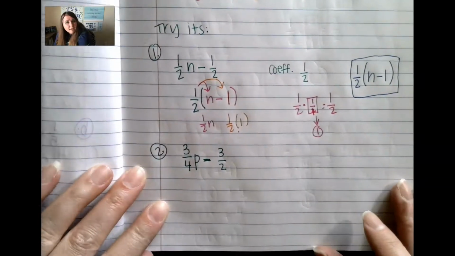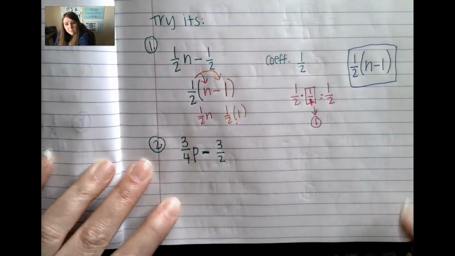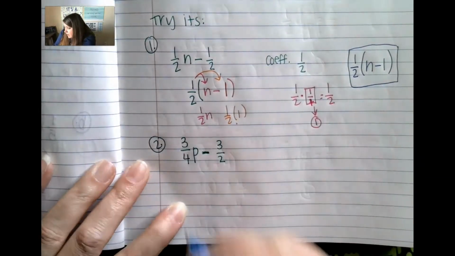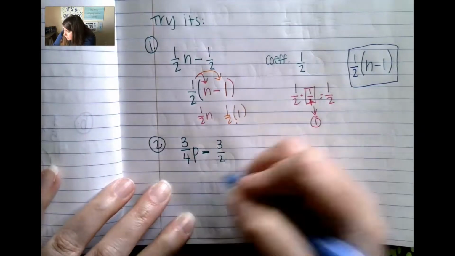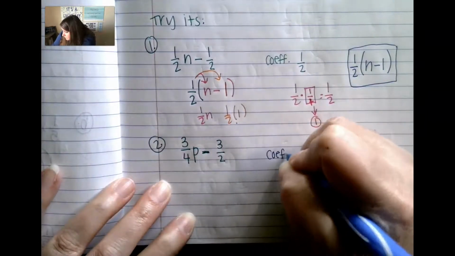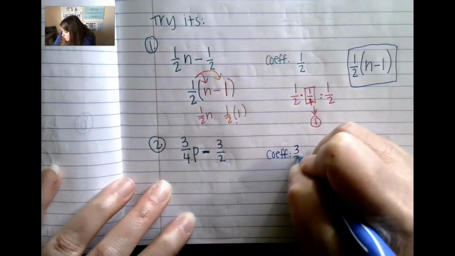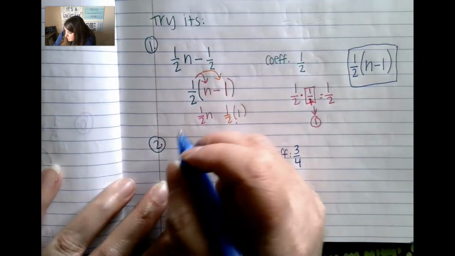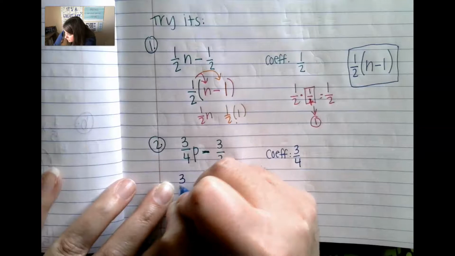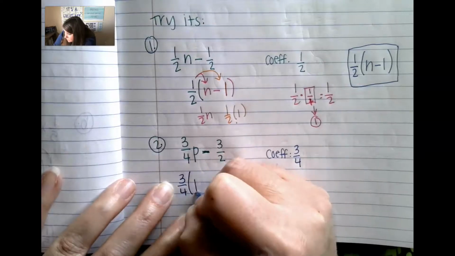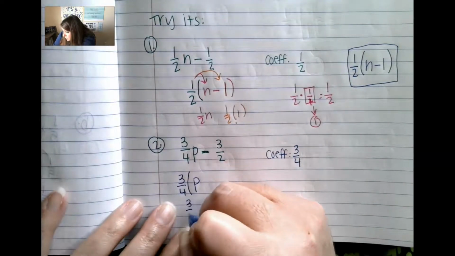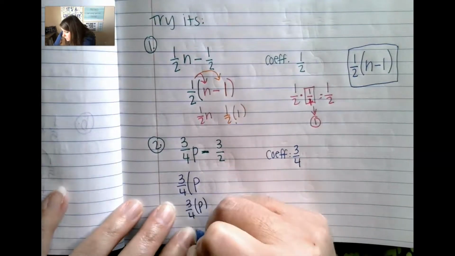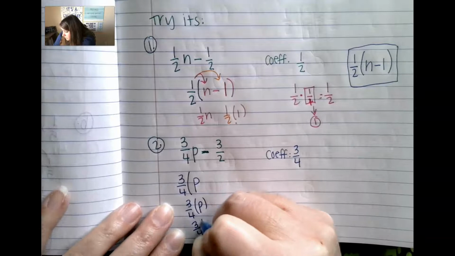I wonder if maybe, just maybe, they have already simplified or something. So let's check this out. So my coefficient here was 3/4. So I'm going to go 3/4 on the outside, and I'm going to multiply that by p, because 3/4 times p gives me 3/4 p.